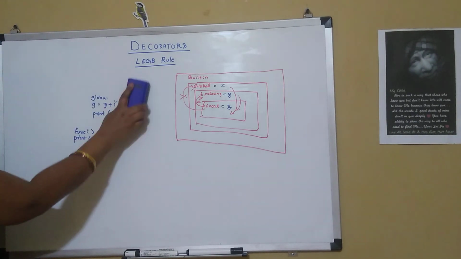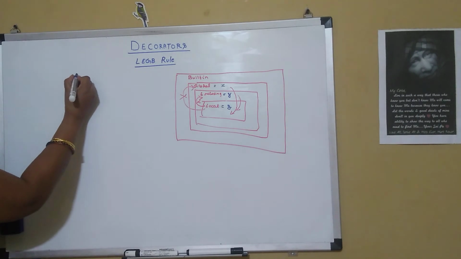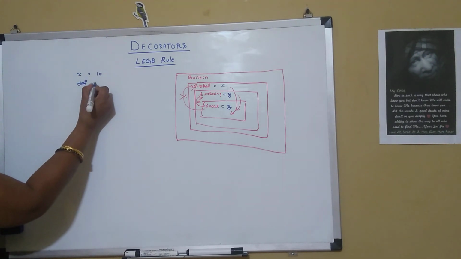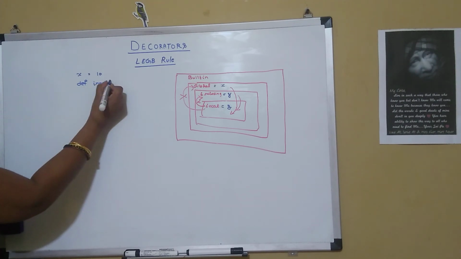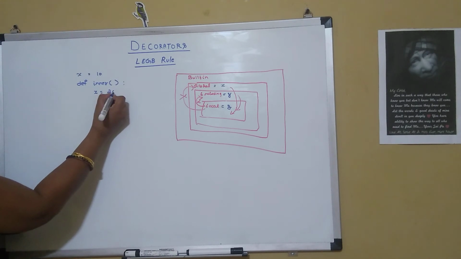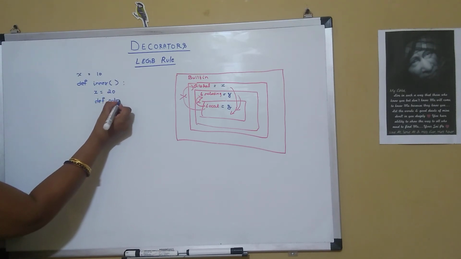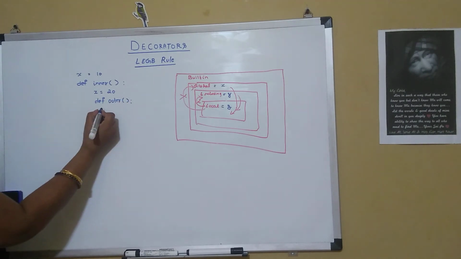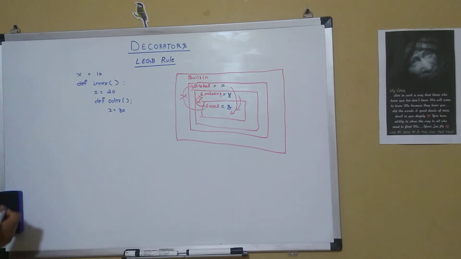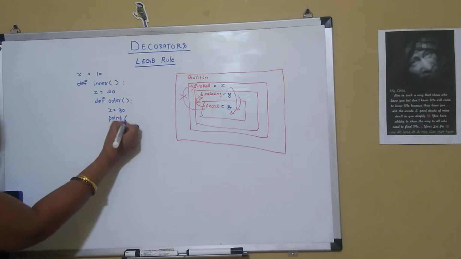And one more thing which is very important is, suppose I'm having x equal to 10. Let me define my inner function and let me say x equal to 20, and let me define my outer function and let me say x equal to 30. And here let me print my x.